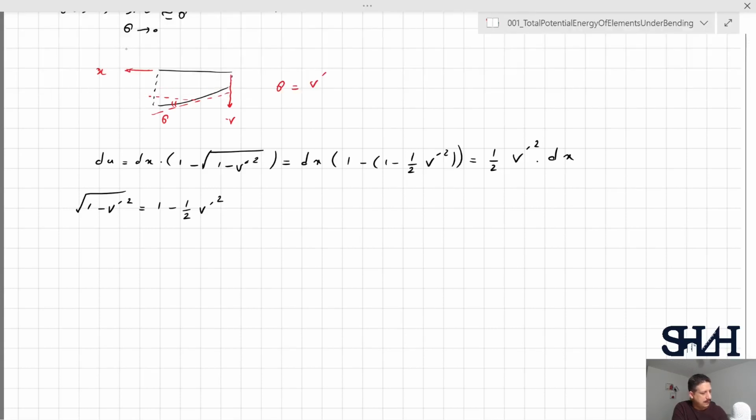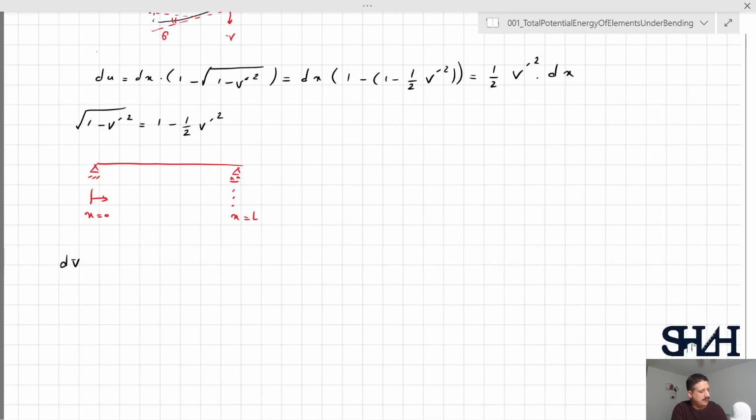Now, if we have a beam starting from 0 to L, and you want to calculate the loss of energy due to the loading, so dV, where V represents the loss of energy, will be minus P times du.